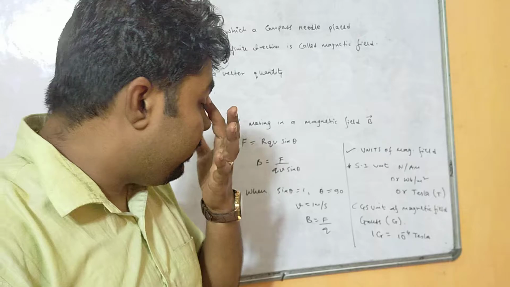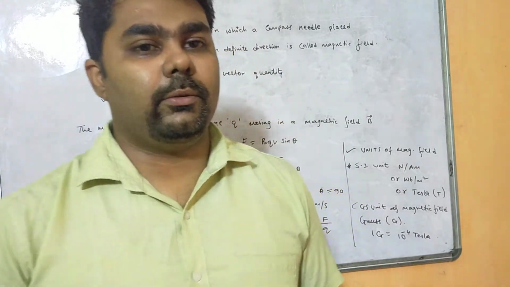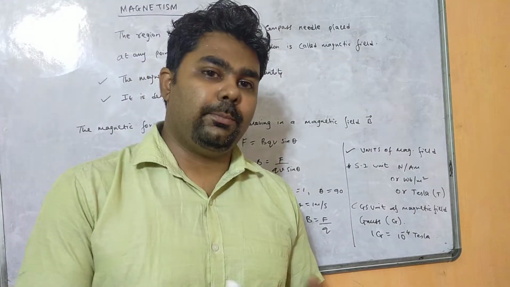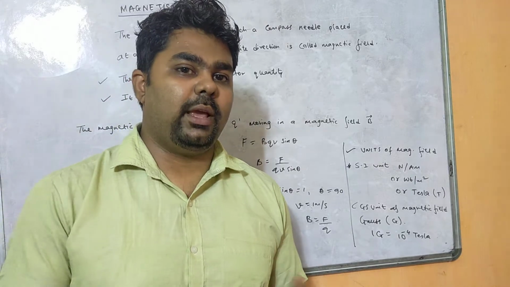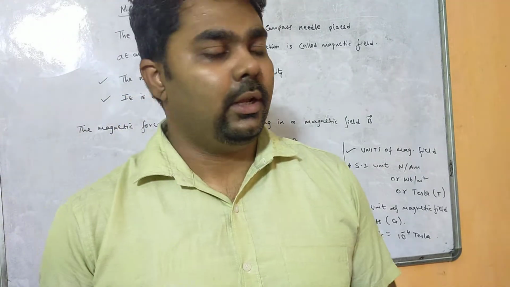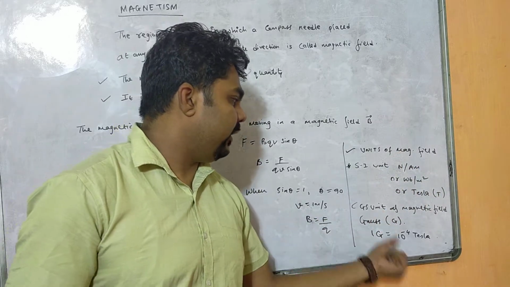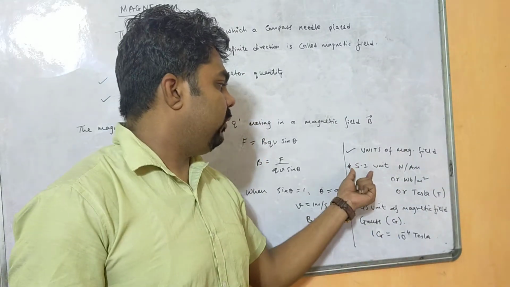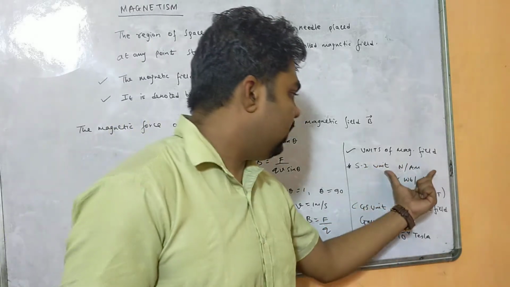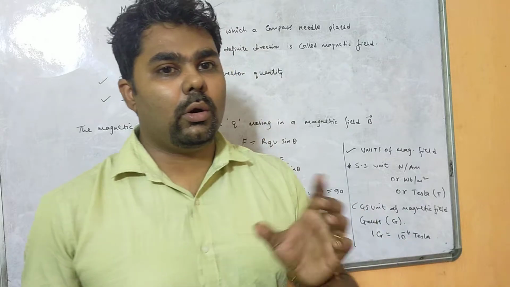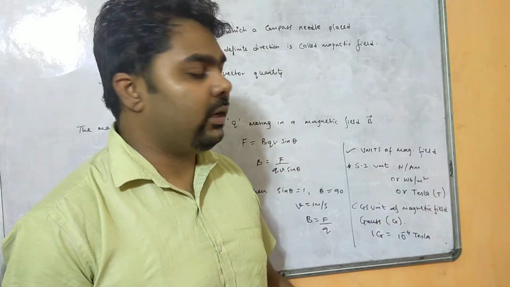Next we will find what the units of magnetic field are. If any physical quantity is there, like speed, it has an SI unit, that is meter per second, and a CGS unit, that is centimeter per second. Similarly, the magnetic field also has an SI unit and a CGS unit. The SI unit has three forms, but the meaning is the same: Newton per ampere meter, or Weber per meter square, or Tesla.